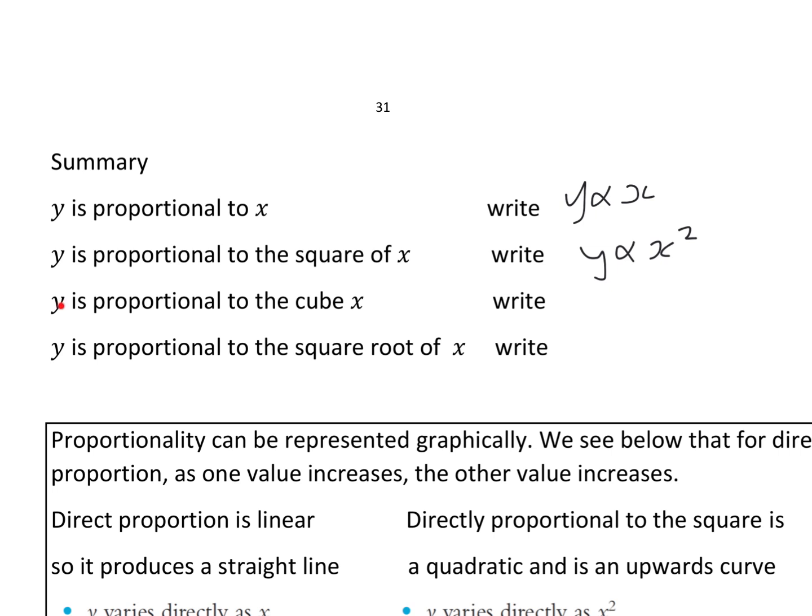We've got the third one here, y is proportional to the cube of x. Y is proportional to x cubed. And the last one, y is proportional to the square root of x. So read the full question to make sure you get that bit right. If you get that bit wrong, the whole question then is wrong.